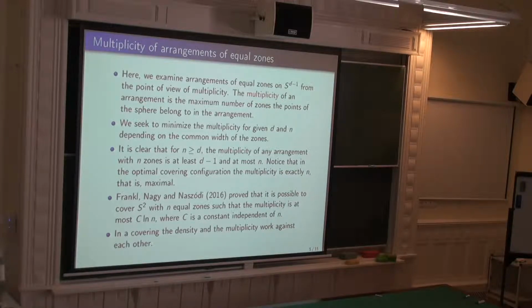In the optimal configuration, which is known to be optimal since the end of March, it is exactly n, that is, it is maximal. Frankl, Nagy, and Naszódi last year proved that it is possible to cover the three-dimensional sphere with n equal zones such that the multiplicity is at most logarithmic. In a covering, the density and the multiplicity work against each other, so we want to optimize in some sense.